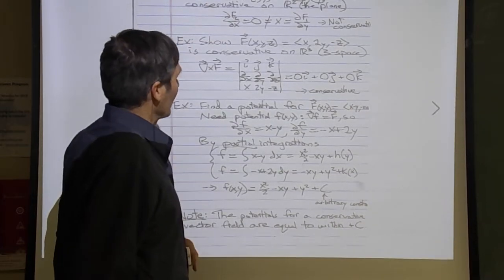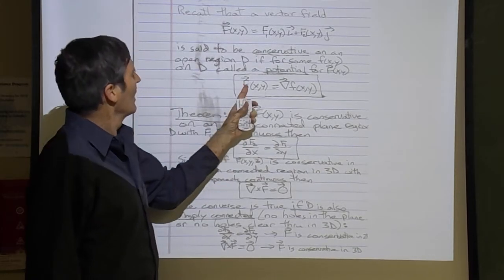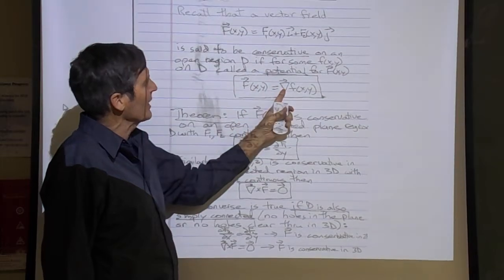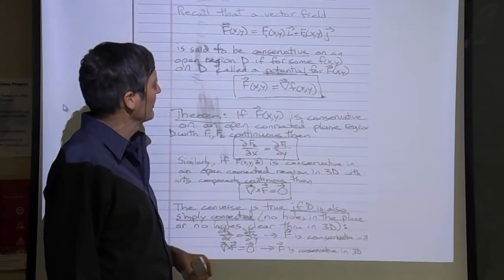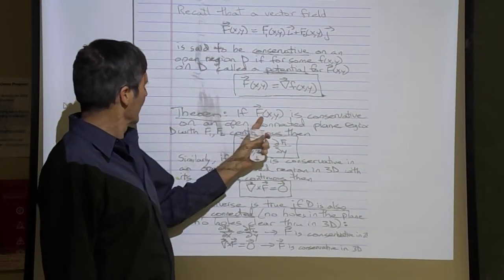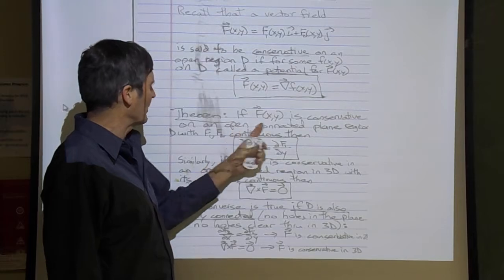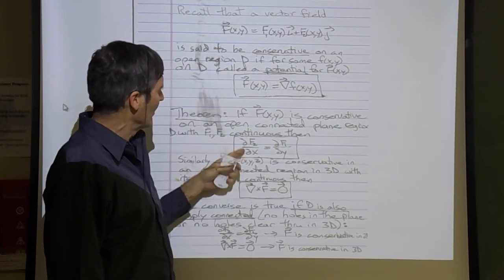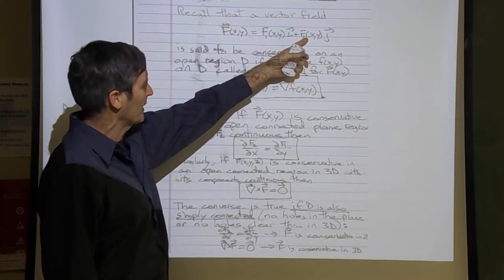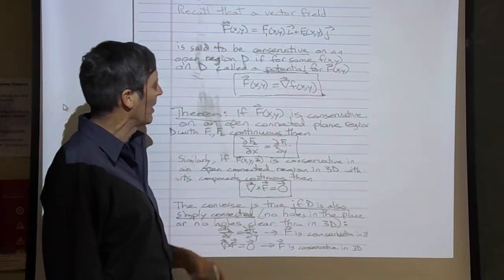We have the following theorem first. We'll make this definition. A vector field is conservative if it's the gradient of some function, right? And then if you have a conservative vector field on some open connected plane region, then it will satisfy this: df2/dx, the derivative of the second component with respect to x, will be equal to the derivative of the first component with respect to y, df1/dy.